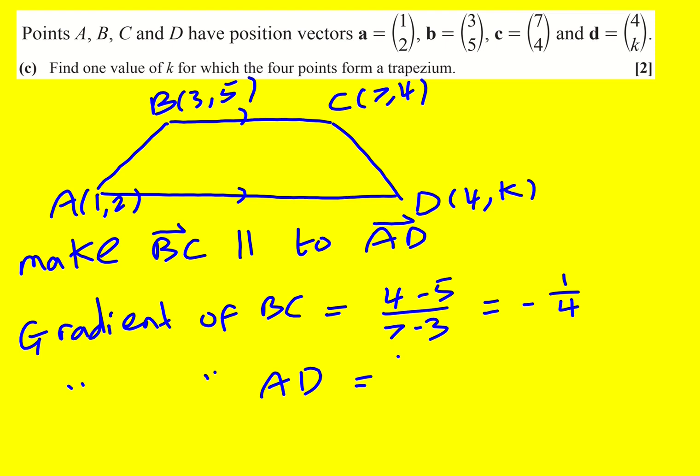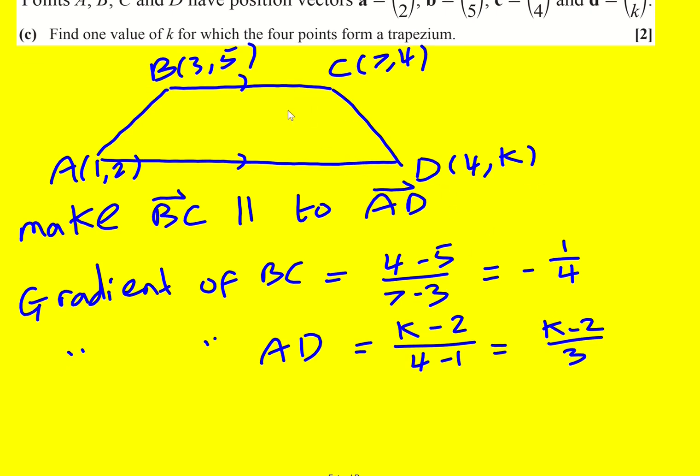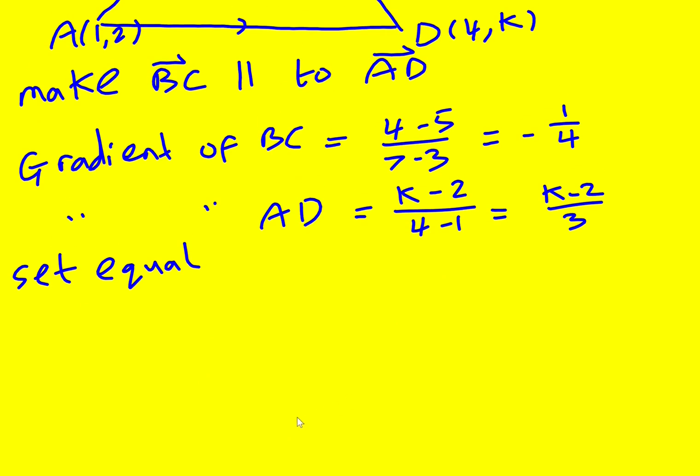Then for AD, it's going to be k minus 2 over 4 minus 1. Okay, so I'm going to set them equal. So k minus 2 over 3 is equal to minus 1 over 4.